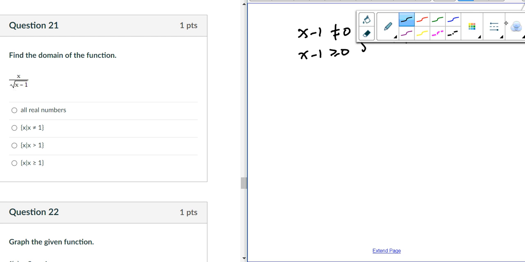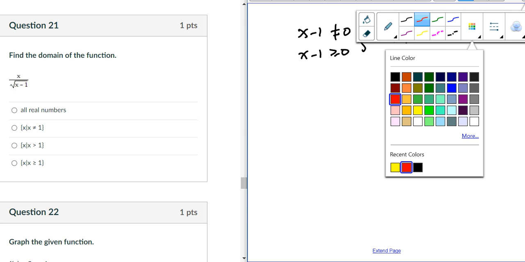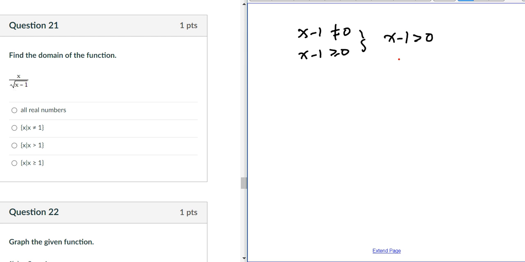Now, use the red color. Plus 1 on both sides. So the positive and negative cancel, and x stands alone on the left. 0 plus 1.